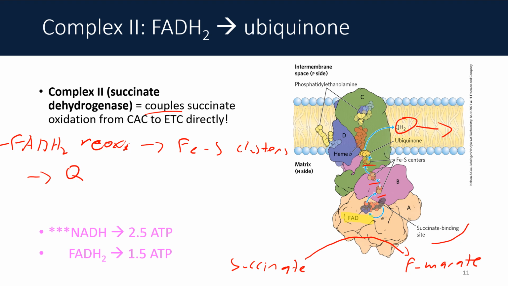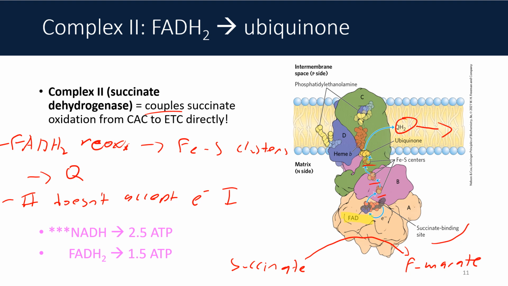I'm going to re-emphasize that complex 2 doesn't accept electrons from complex 1. It accepts electrons from succinate, and by extension, FADH2.